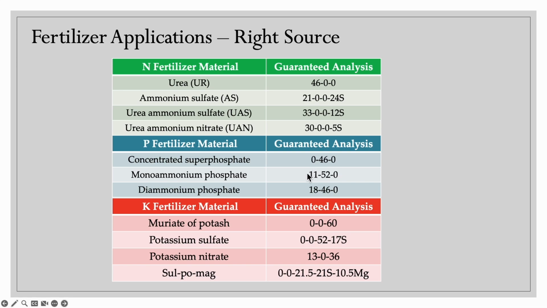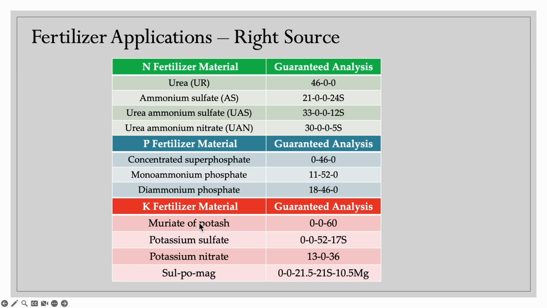And we'll get a nitrogen credit for that. If you remember in our calculations, I had you use some of these materials and understand that if you apply 100 pounds of this monoammonium phosphate, you're going to get an 11-pound nitrogen credit. So being aware of that is going to help you minimize how much actual nitrogen fertilizer you're buying.